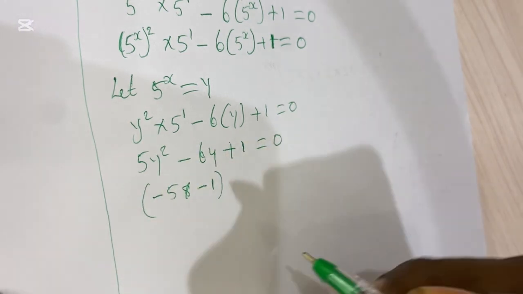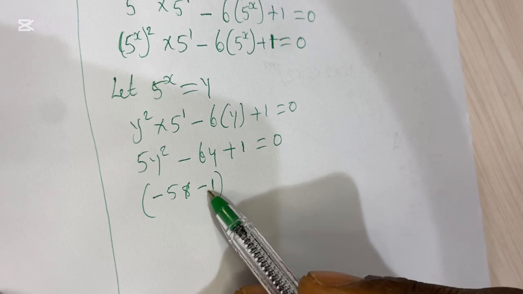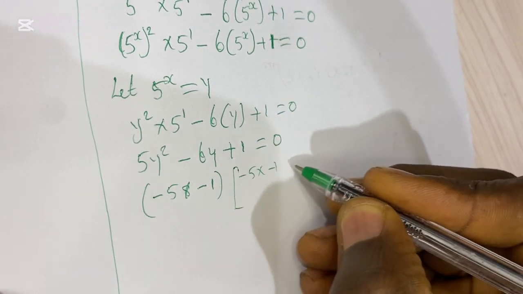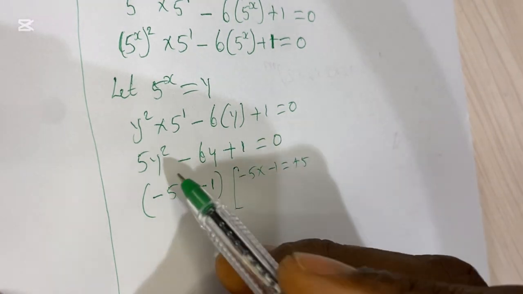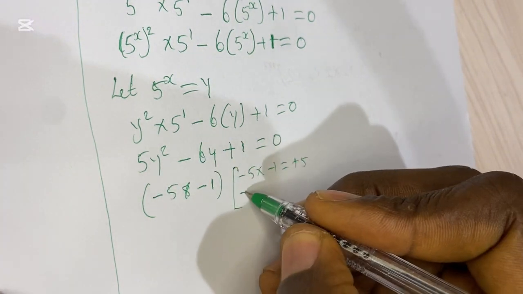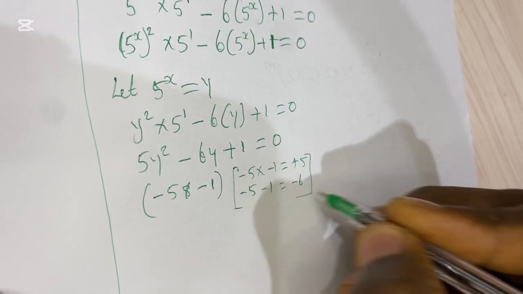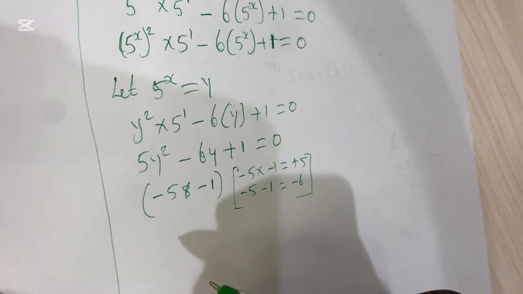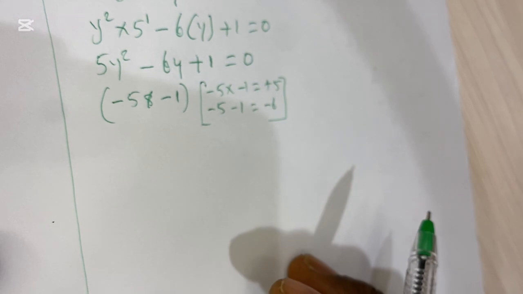These are the factors, because minus 5 times minus 1 gives us plus 5, and minus 5 minus 1 gives us minus 6. So minus 1 and minus 5 are the factors. Having known the factors, we proceed.